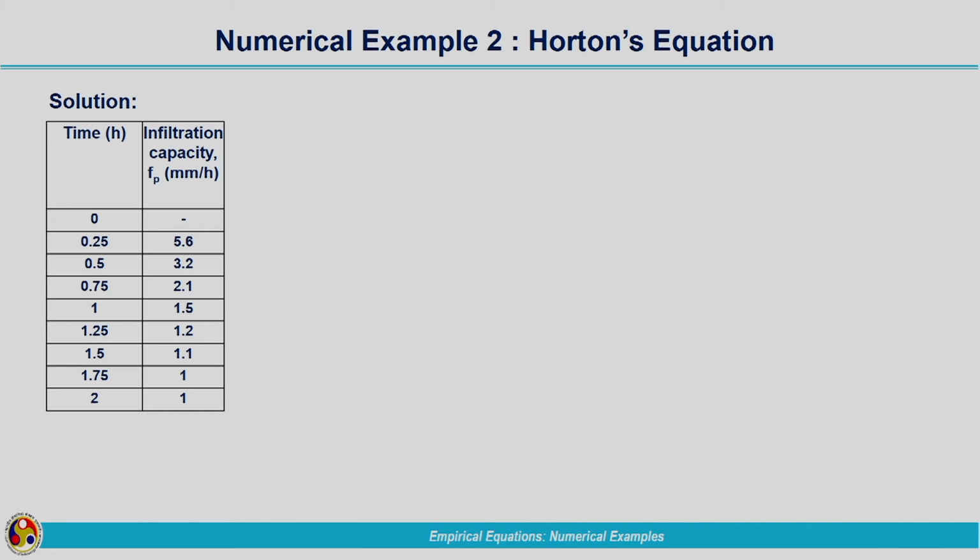Infiltration capacity I am representing by the notation Fp, because Horton's equation is derived for potential infiltration, that is, sufficient moisture content is available and the infiltration we obtain is the potential infiltration. That is why I am putting the notation Fp over here.